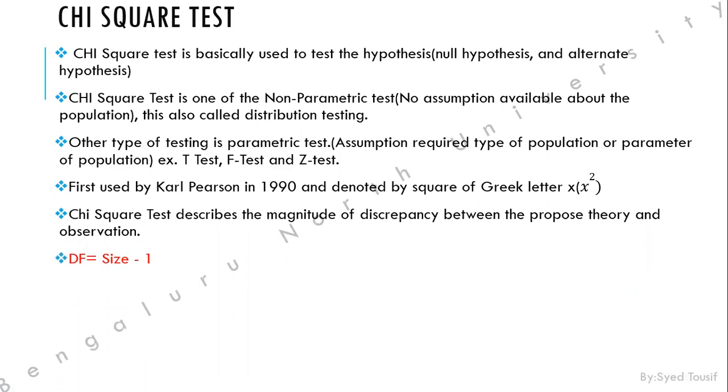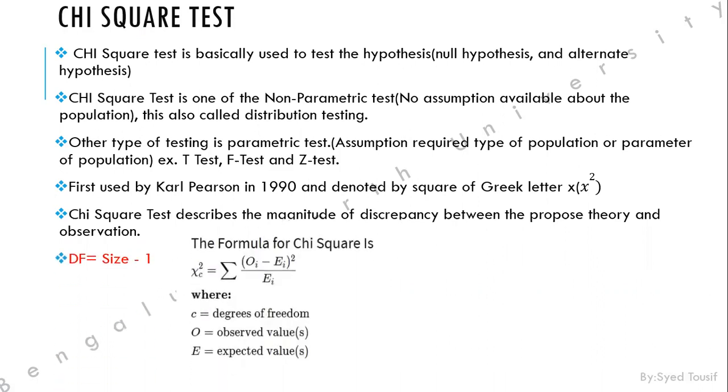The formula is as follows. We denote chi-square as X squared, which is the summation of (Oi minus Ei) whole squared divided by Ei. One by one I will explain. Oi is the original observed value, the value we observed after doing some test.